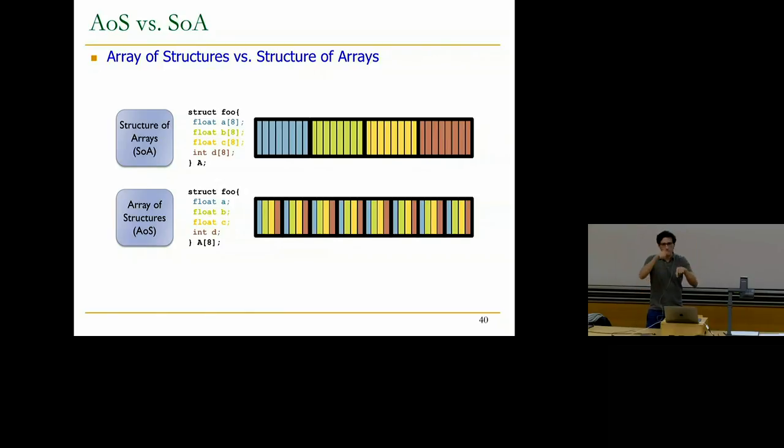We have thread 0, 1, 2, 3, 4, and typically we are going to assign each of these threads to consecutive elements in our array. So thread 0 will read this, thread 1 this, thread 2 this, thread 4, and so on. So they are all in the same cache line. We are reading them all at the same time.